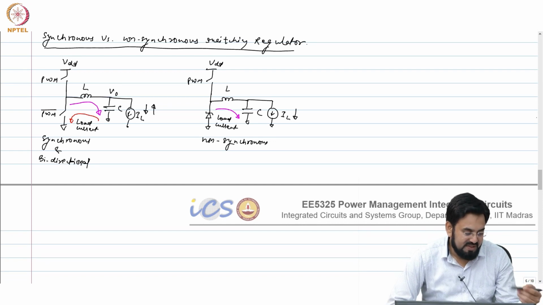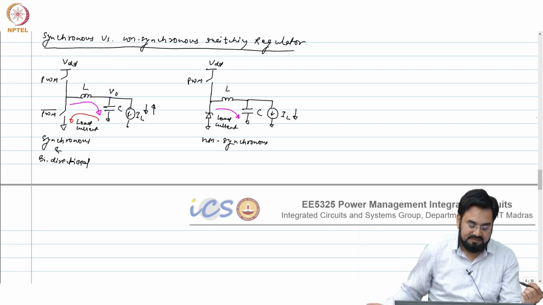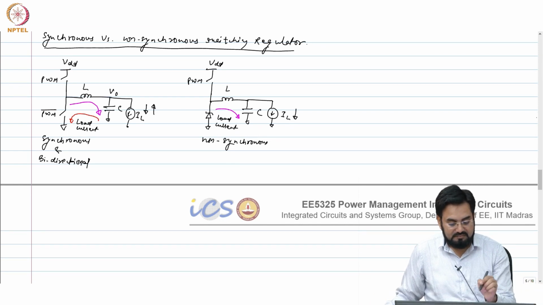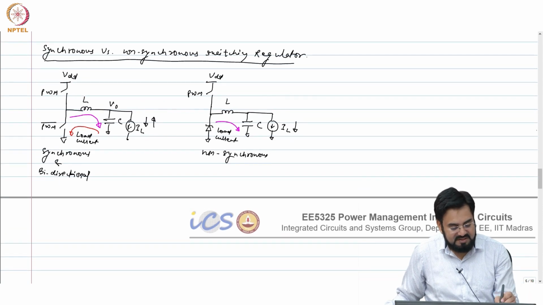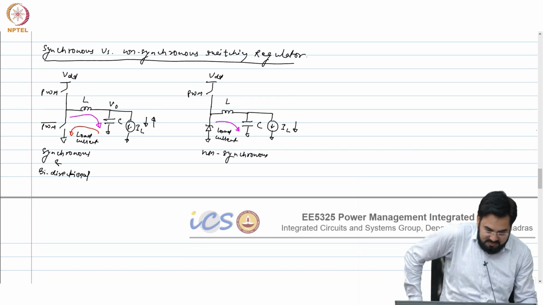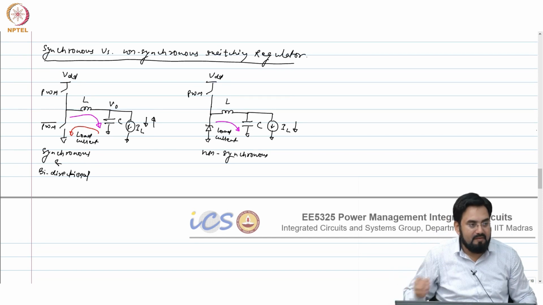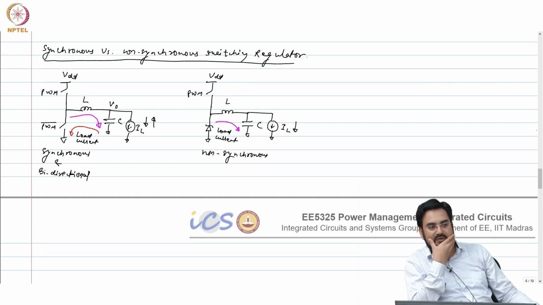So there is the advantage of having a bidirectional, so we will talk about that later. So in terms of efficiency, which is better, synchronous or non-synchronous? Go back to your losses. How do you calculate the losses?